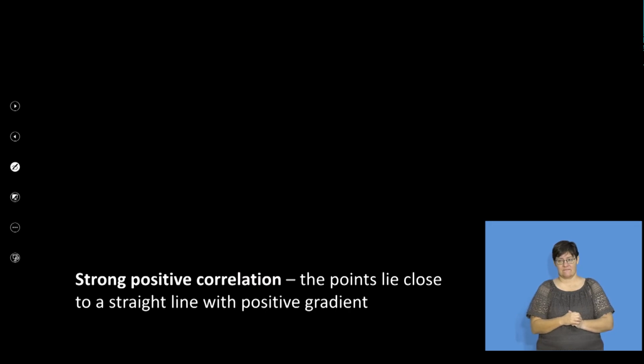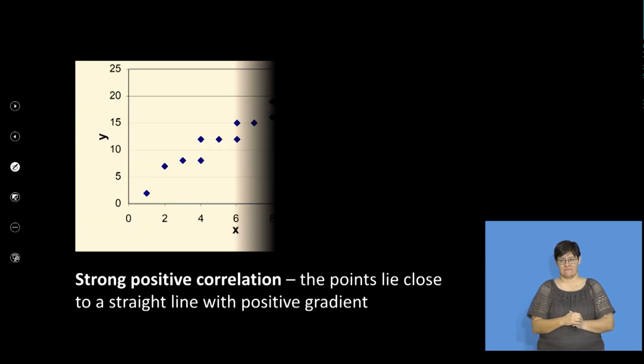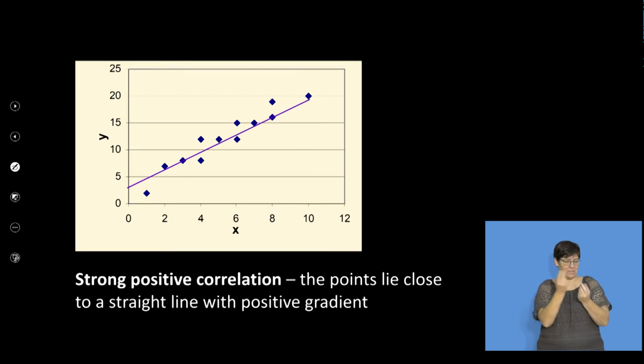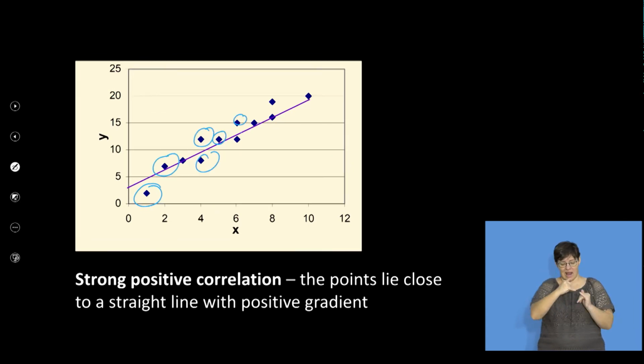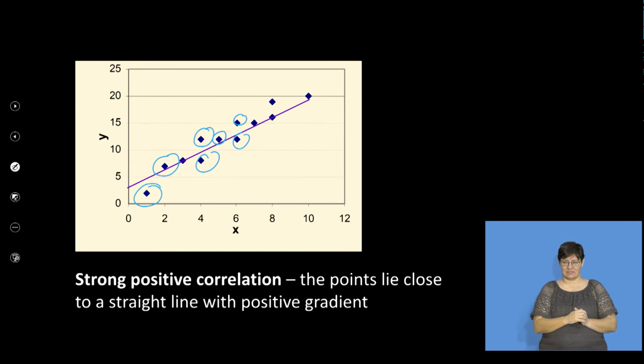So something like this. There we have our points. If we draw a straight line, our points are scattered close to the straight line.